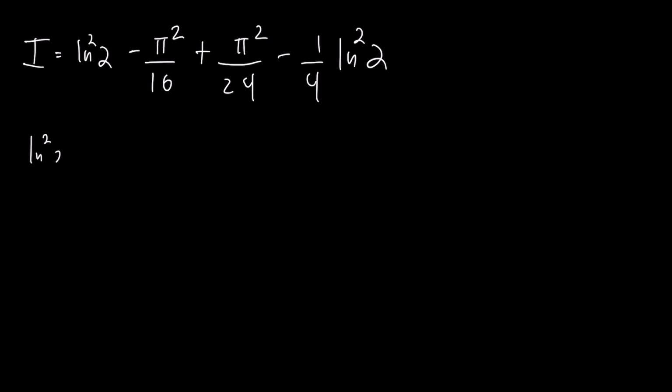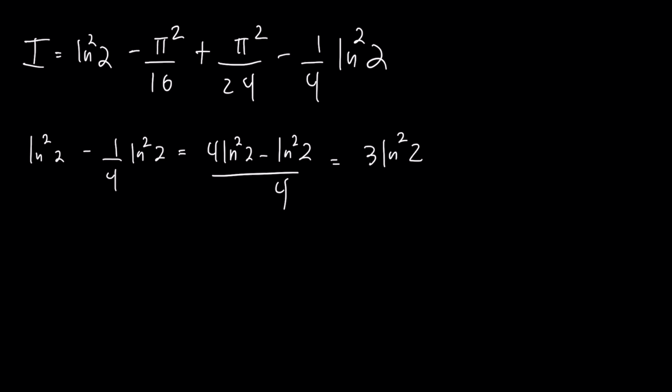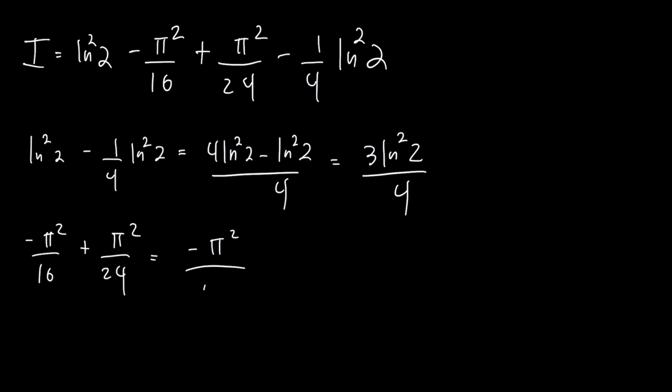So the squared logarithm of 2 minus 1/4 the squared logarithm of 2 will simplify into 4 times the squared logarithm of 2 minus the squared logarithm of 2, divided by 4, which is equal to 3 squared logarithm of 2 divided by 4. And that negative pi squared over 16 plus pi squared over 24 will equal: 16 is the same thing as 8 times 2, and 24 is the same thing as 8 times 3.